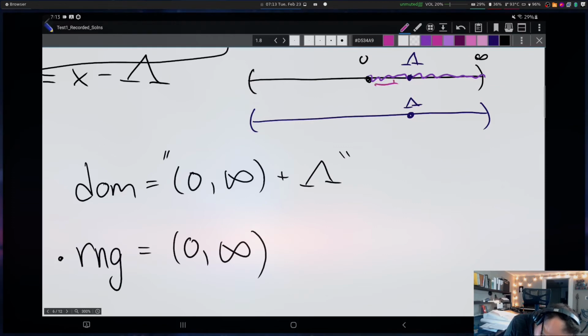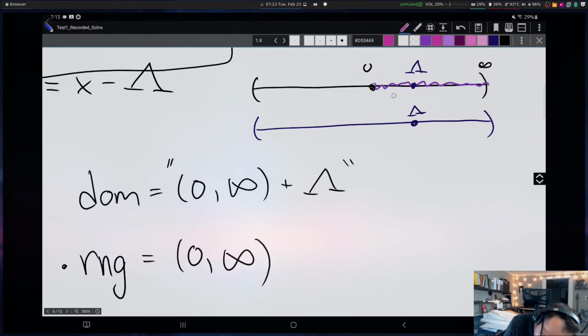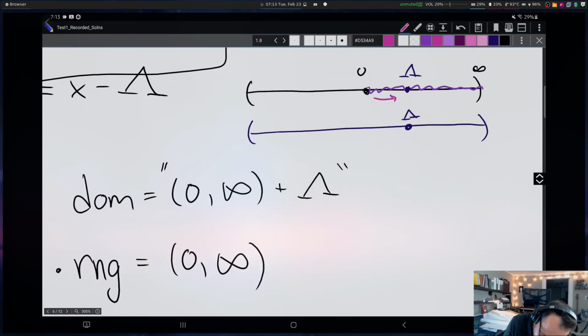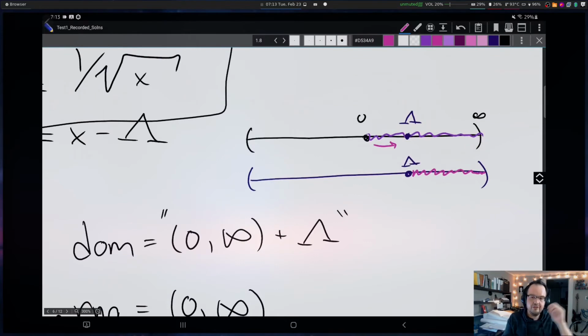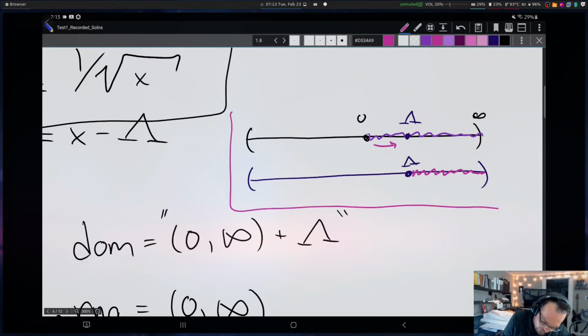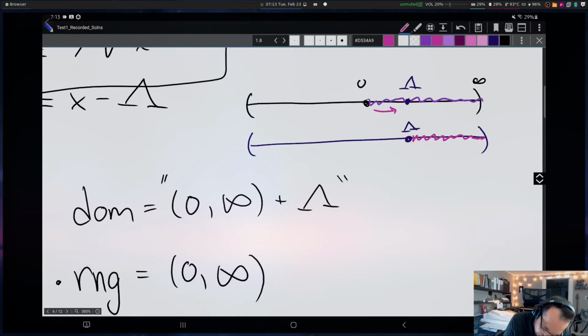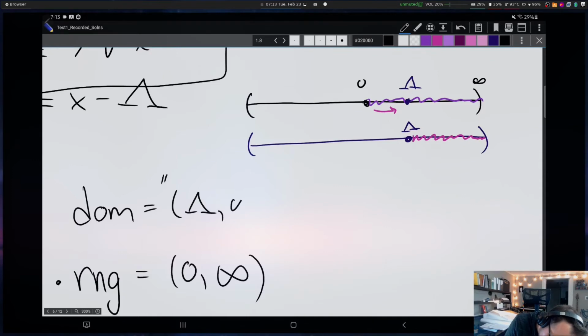And the shift just says, oops, move this whole interval to the right. And you get this one. And if you want, this is just because when you shift that whole graph over to the right by that many units and you look underneath, you're seeing a copy of exactly this real line on the x-axis. Okay, so how do we get an actual answer out of that? Well, if we shift 0 to infinity to the right by lambda units, we get lambda to infinity. And that's the precise answer.